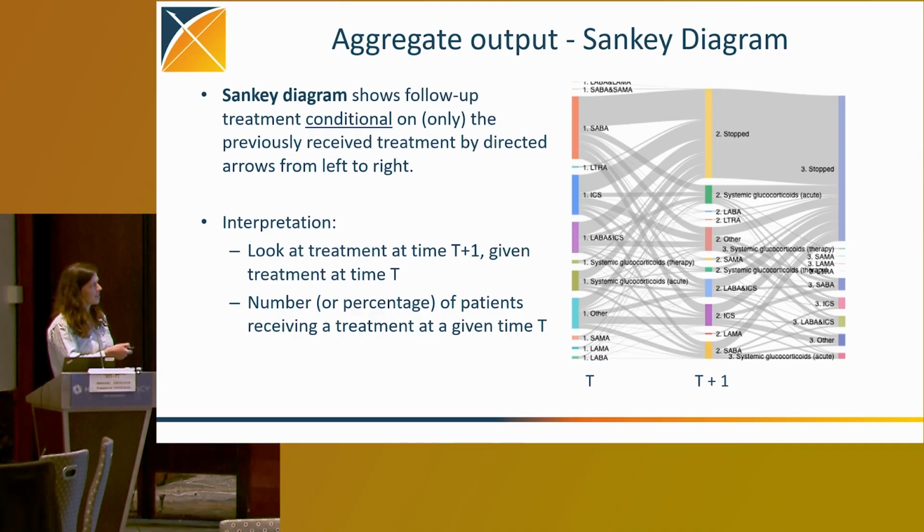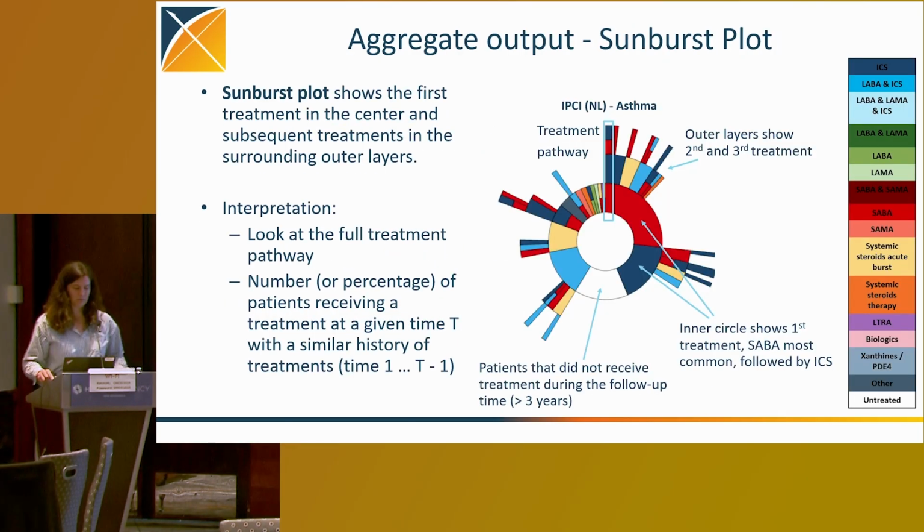So between the first and the second, between the second and the third. So a Sankey diagram shows the treatment conditional on the previous treatment, and you cannot go through the diagram to understand this person is then matching this person or so. So it can be useful for some purposes. I prefer to look at the sunburst plot.